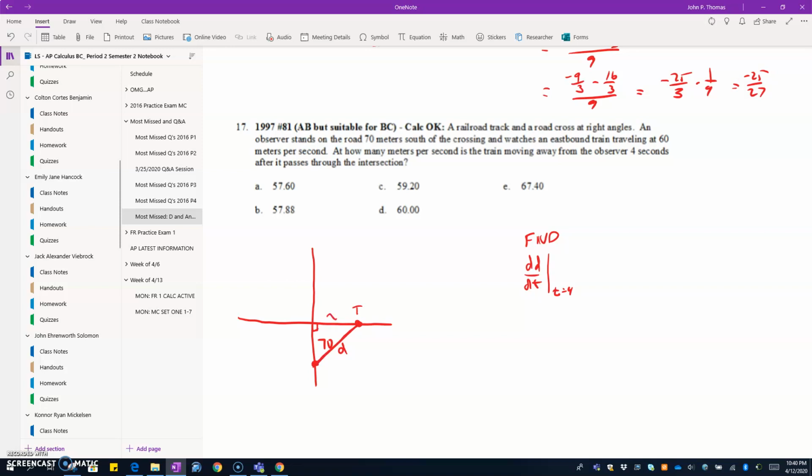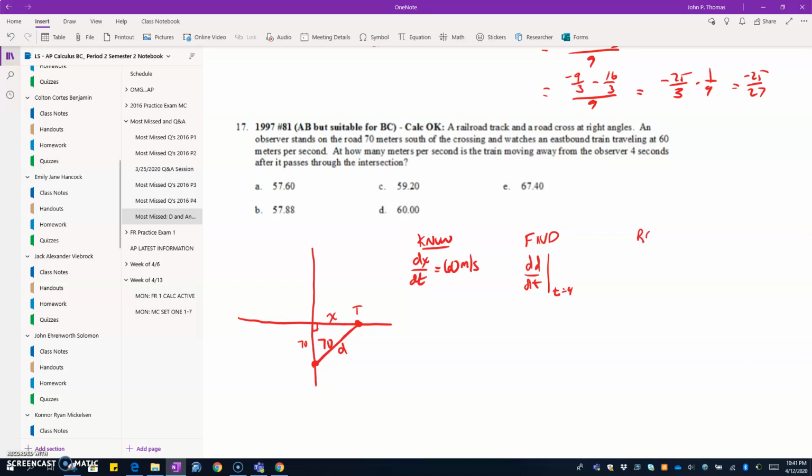We're going to have an x value here, and the other side's y, but it's fixed at 70, so we're just going to leave it at 70. We know dx/dt, because that is the speed of the train, 60 meters per second.